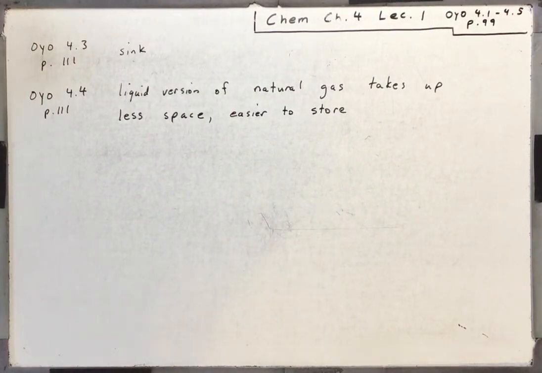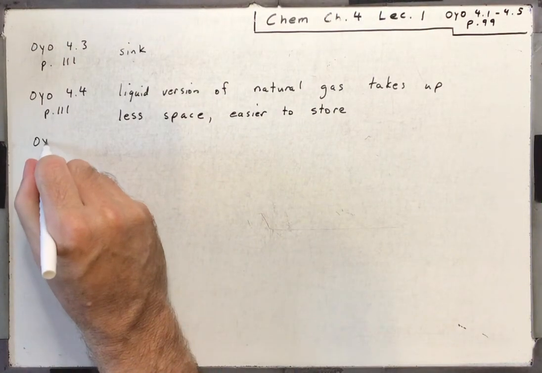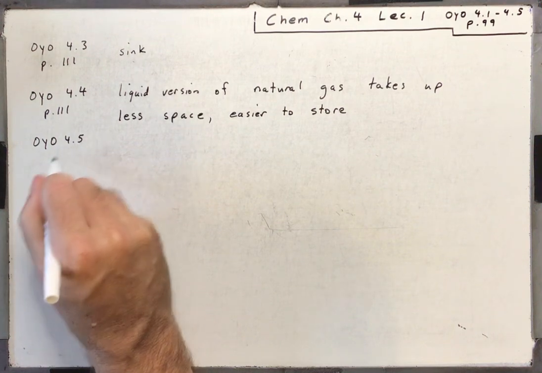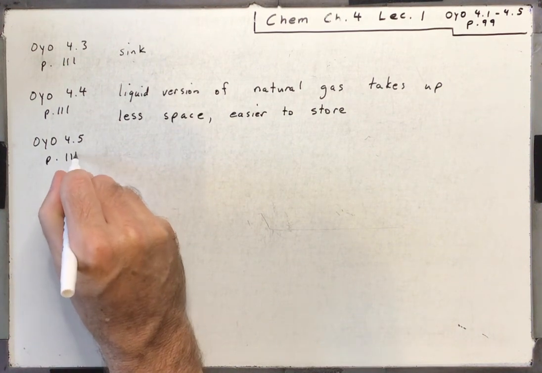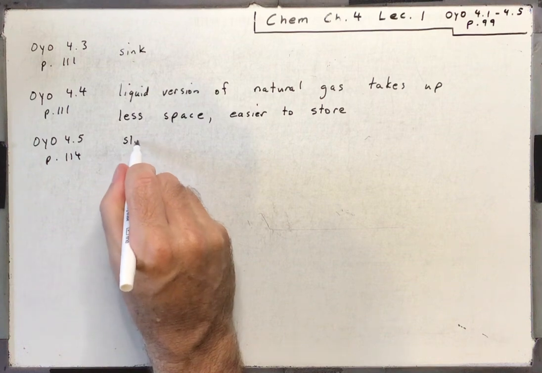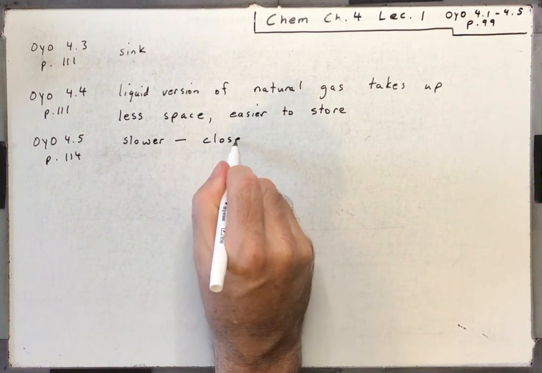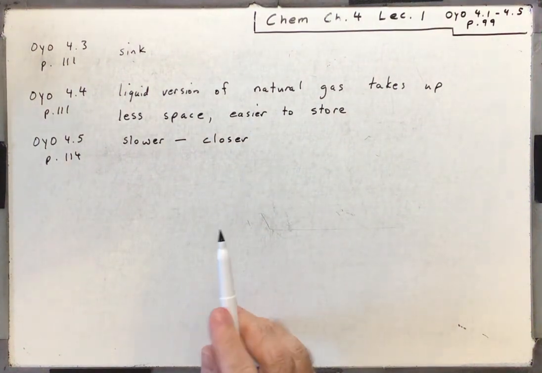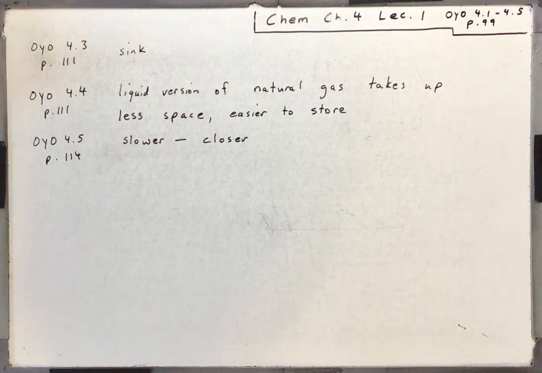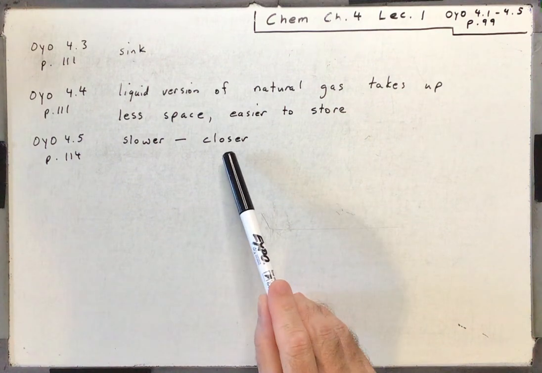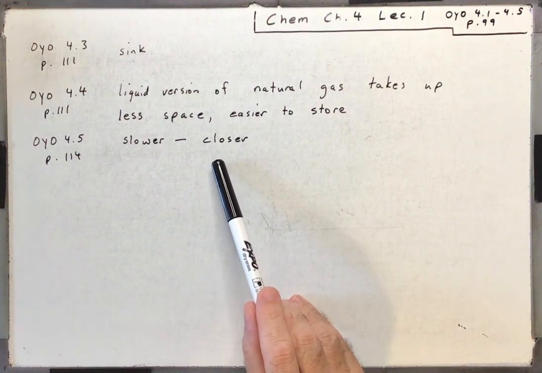Well, they're going to move slower. We're on page 114. They've been cooled down, so they're going to move slower, and they will be closer together. So you cool it down enough, they'll make a solid, and then the molecules are very close together.